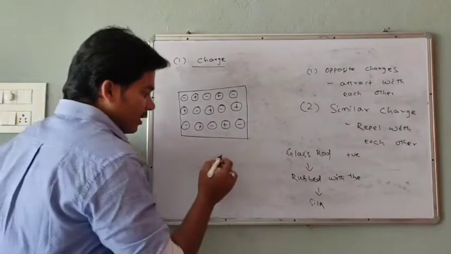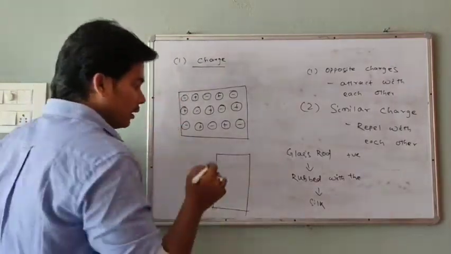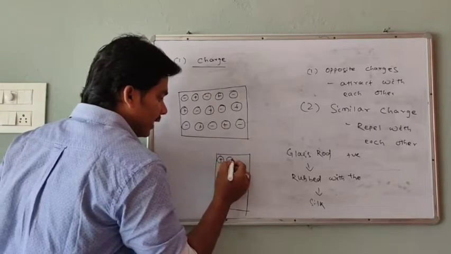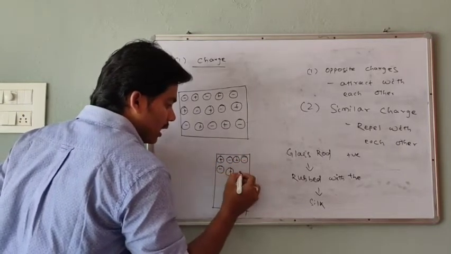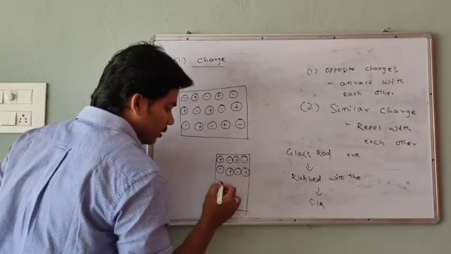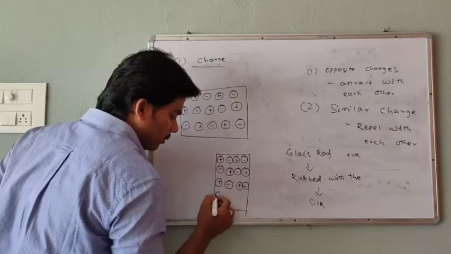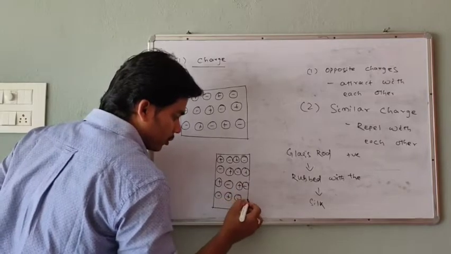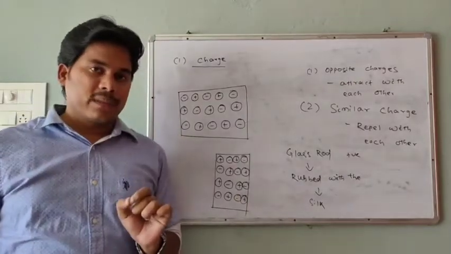In the same way, if you take an atom of a woolen cloth, there also the electrons and protons are distributed in such a way that there are equal numbers of electrons and protons. Means they are electrically neutral.